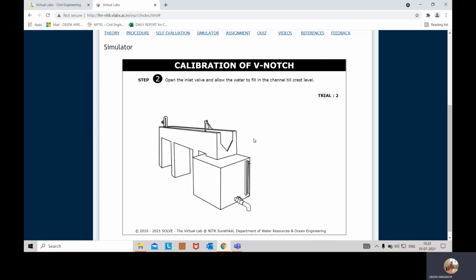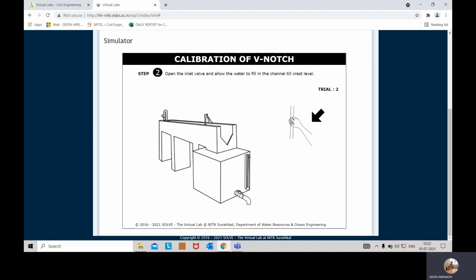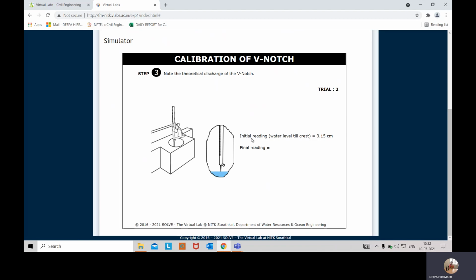The same experiment will be conducted for trial 2. Again I'm going to open the inlet valve and allow the water to flow till the crest level. So the initial reading is recorded as 3.15 centimeter. Then I'm going to increase the speed, that is, increase the discharge.